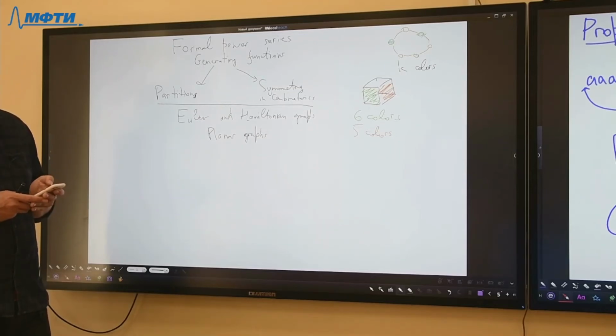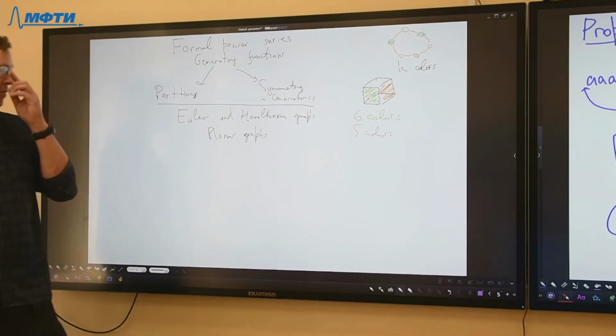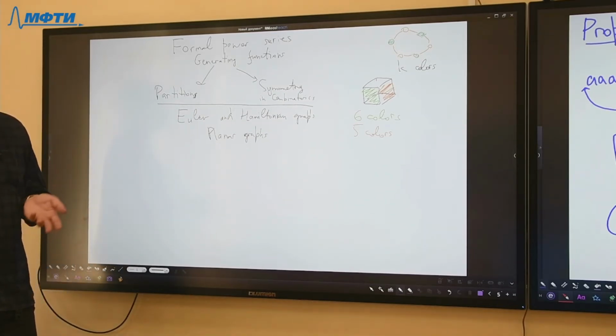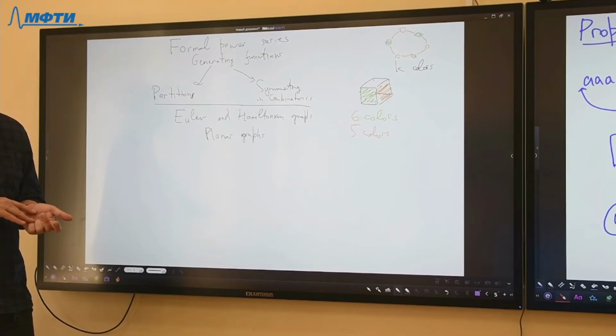Planar graphs? No. What do you know from graph theory, except the definition of a graph? You know all about trees, I suppose. Trees? Yes. How much time did you spend on graph theory in the first part of the course? Like half of the course?